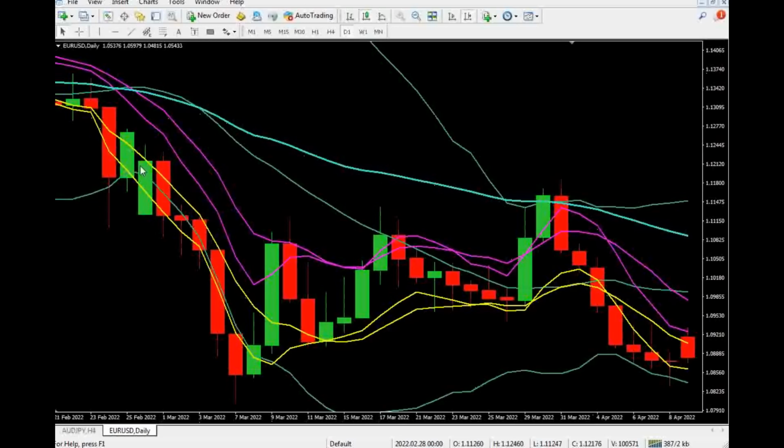This is a gapping candle. Let's pass it. Let's see, this one is closing out of the lower Bollinger Band. And then the second characteristic is the moving average has moved out of the lower Bollinger Band, and then we wait for the third characteristic, and it is in here.